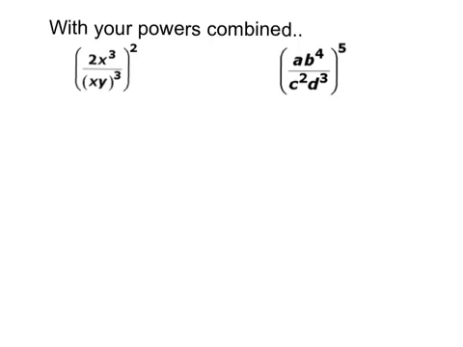Now what we're going to look at is some more in-depth examples, and so we're going to combine all these properties and all these rules that we have of exponents. Okay, so when we have a fraction, let's just say again that this is one thing, and this is another.